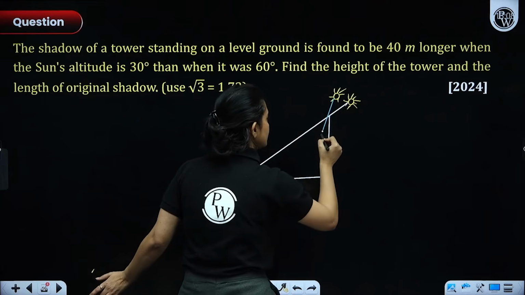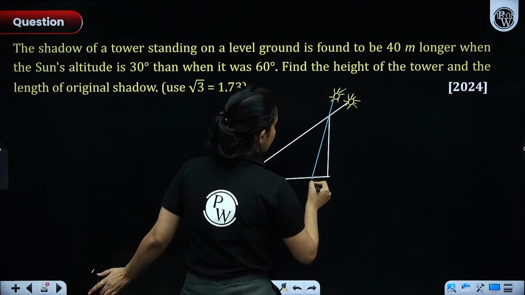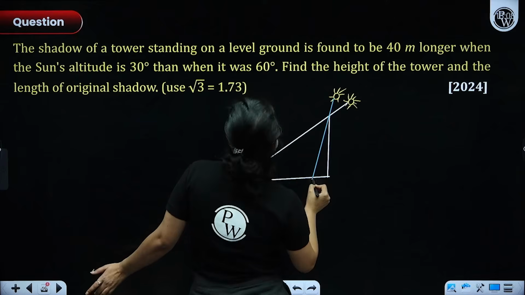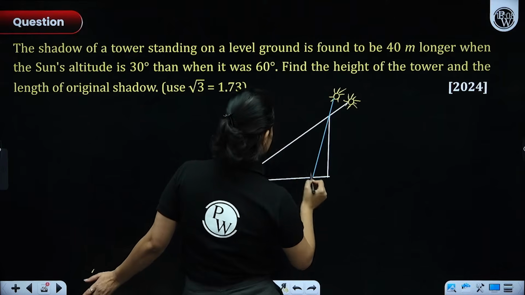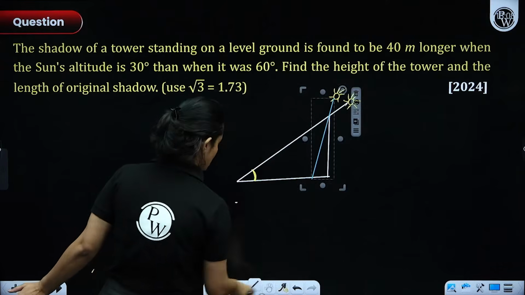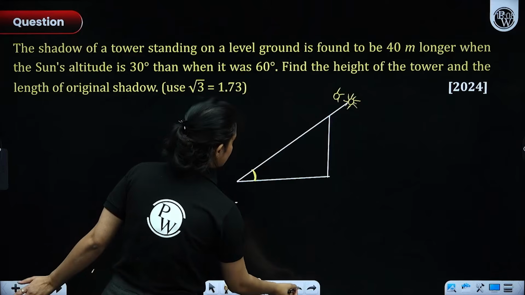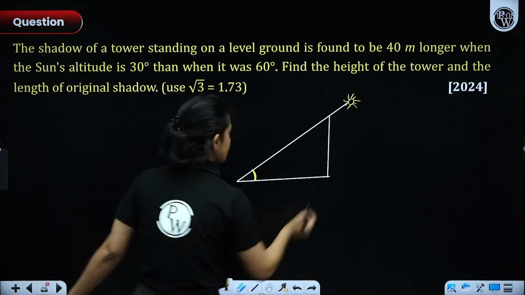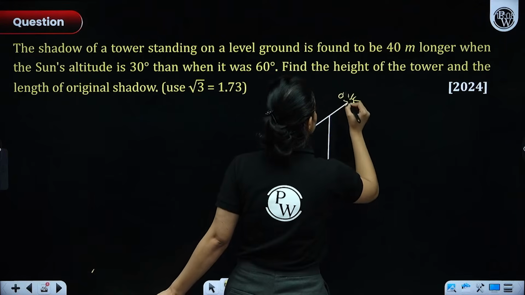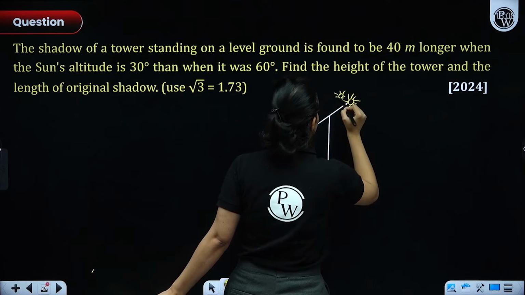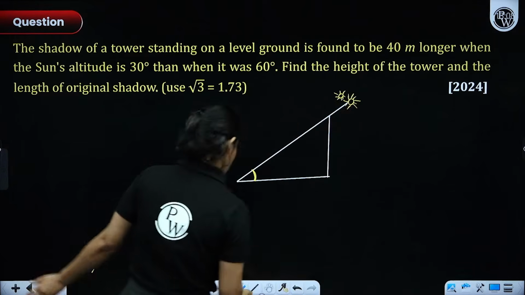Let's just suppose this is the line. And let's suppose, wait, this shadow is too small, guys. Let me make one more sun properly. This is another sun. Now let's make the line here.